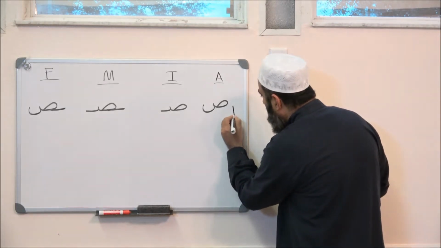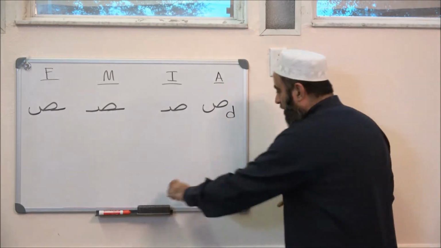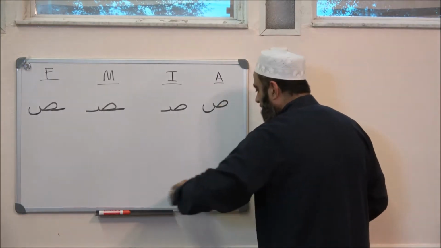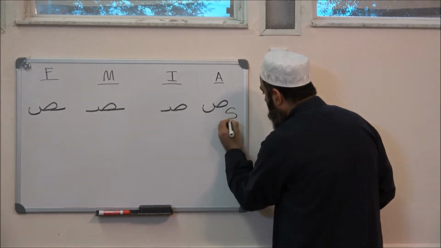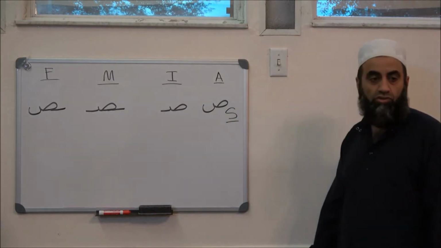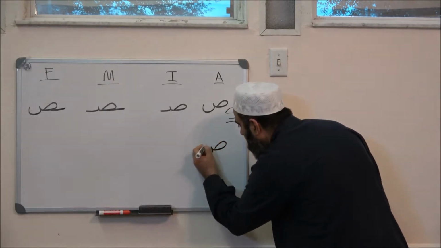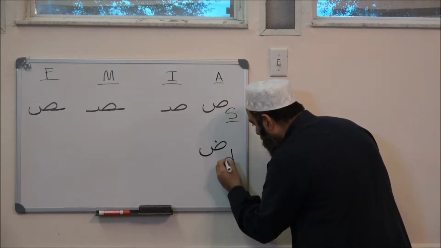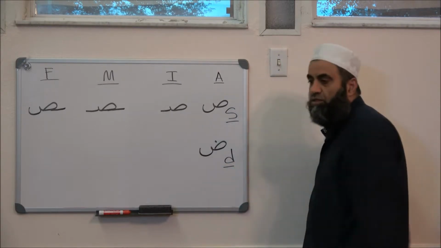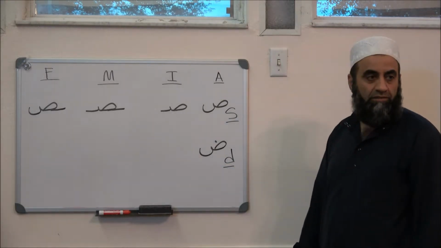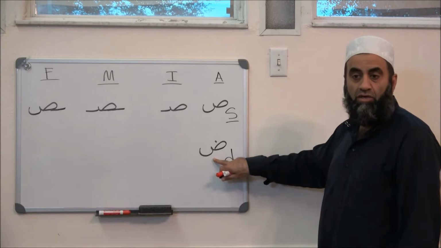So let's write the Dad. I'm going to write the letter S. Sorry, this is the sa, the S underlined. So this is the sa. Now I'm going to the da, and I'm going to write a D with an underline. So this is the big da.